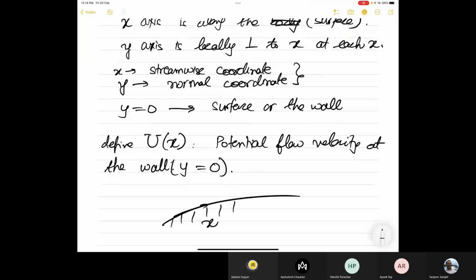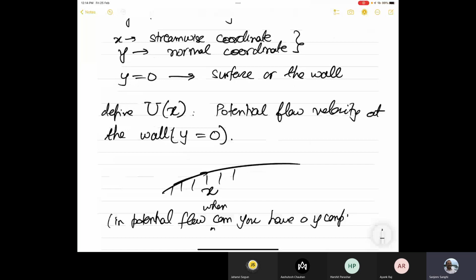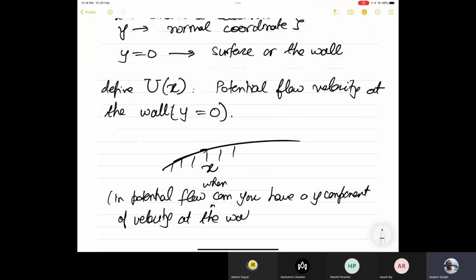potential flow, can you have, or when can you have a y component of velocity at the wall? Can you have a y component of velocity at the wall?